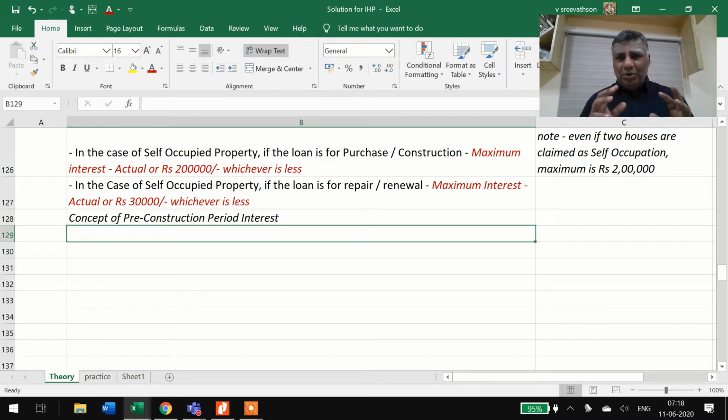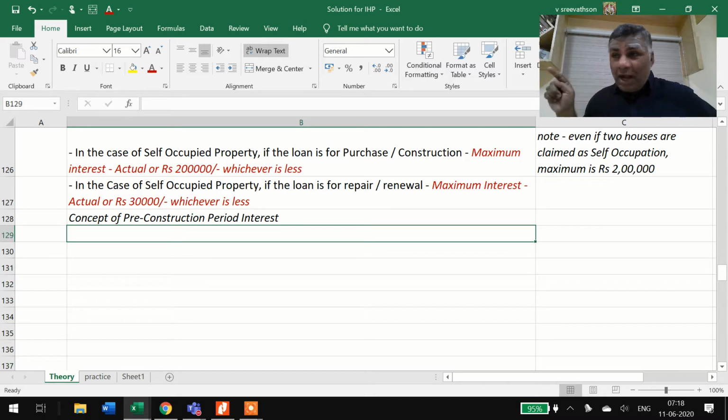So in 2017-18, I got the loan for construction of a property. I paid the interest. But can I claim the deduction? The answer is no. Why? Unless there is a house property, you cannot claim the deduction.